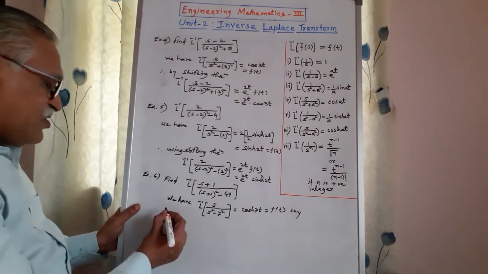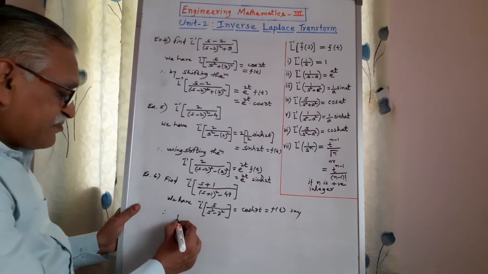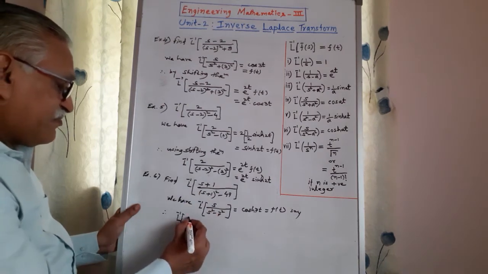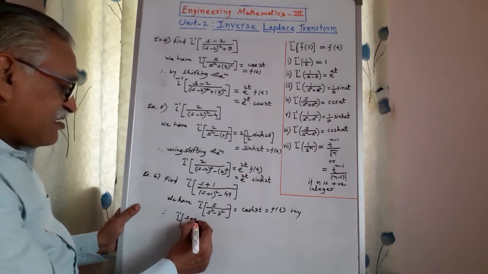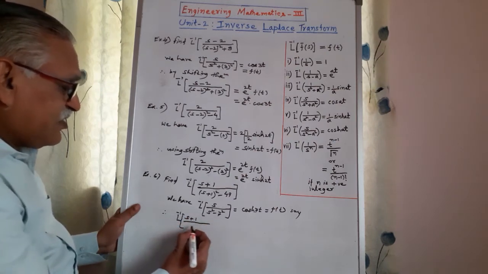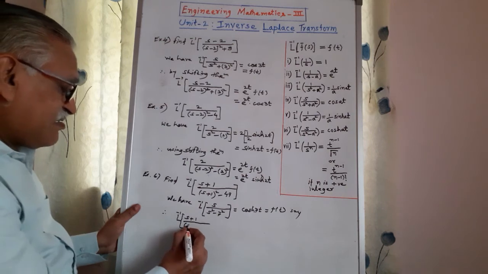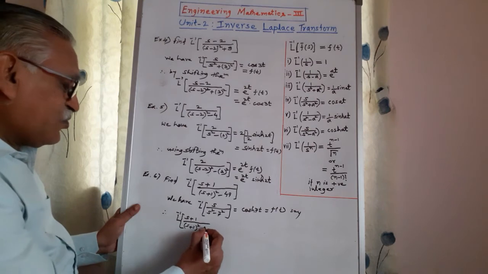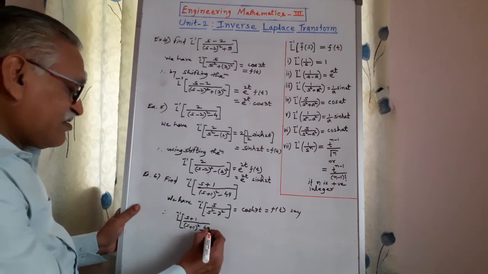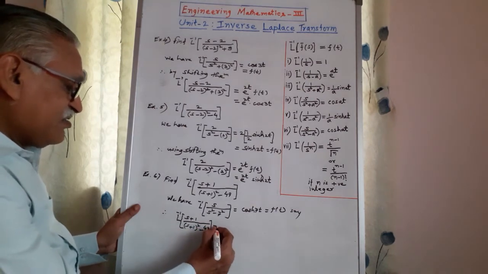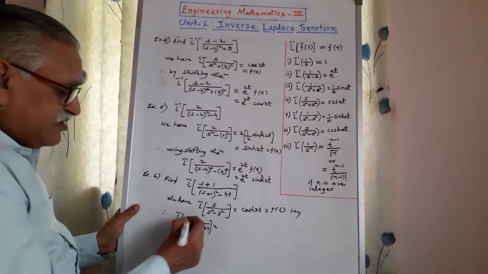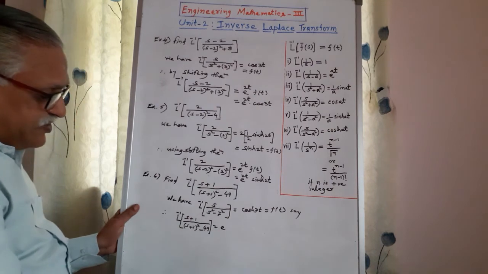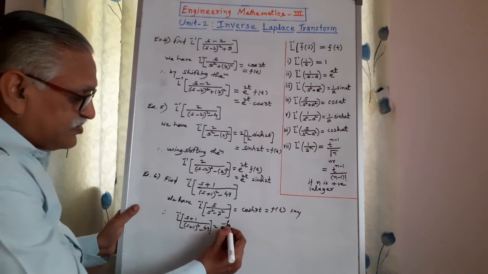Okay, and therefore by shifting theorem, inverse Laplace of (s plus 1) divided by (s plus 1) square minus 49, or 7 square, is equal to, it is plus a, therefore it is multiplied by e raised to minus at term.